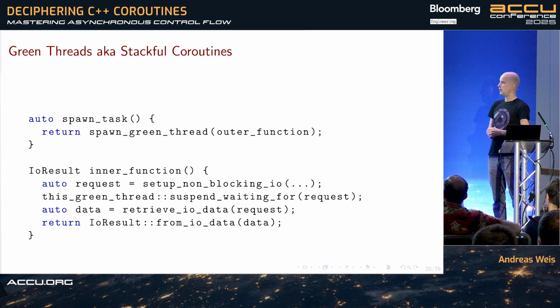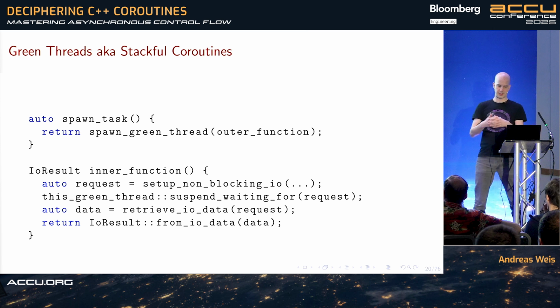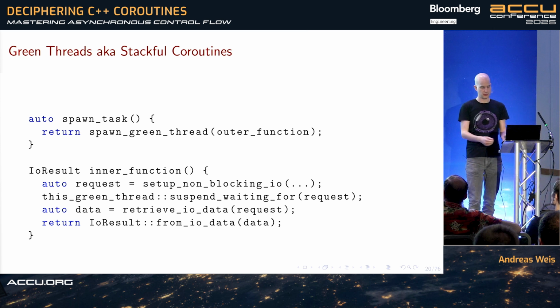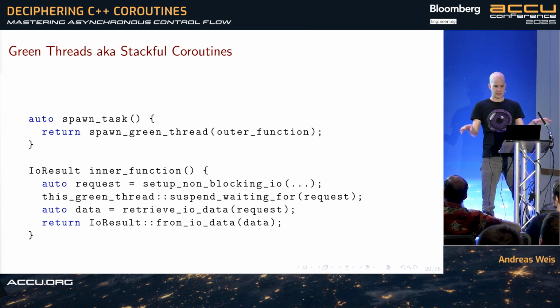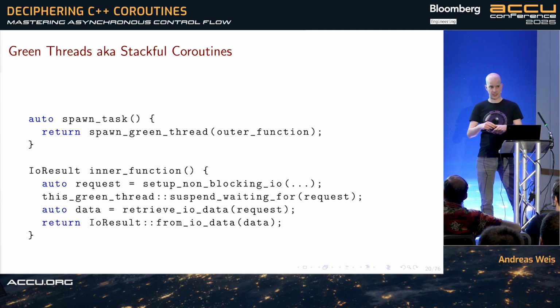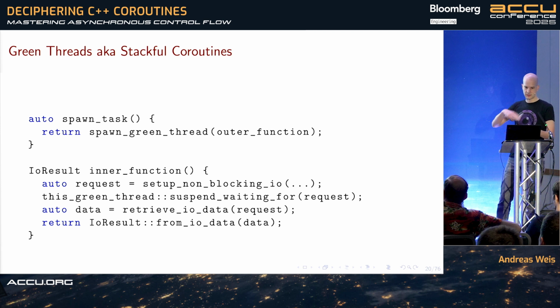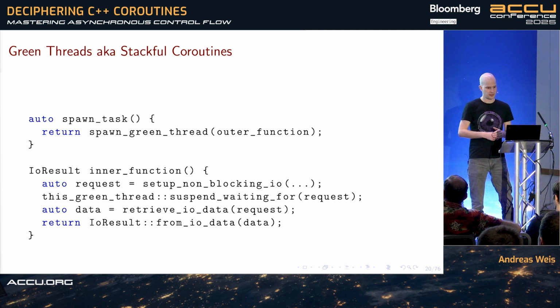And now in the function that actually performs the blocking operation, instead of just doing a blocking call, we actually split the operation up. We have a setup phase that dispatches the I/O call, and this returns immediately. It's a non-blocking function.